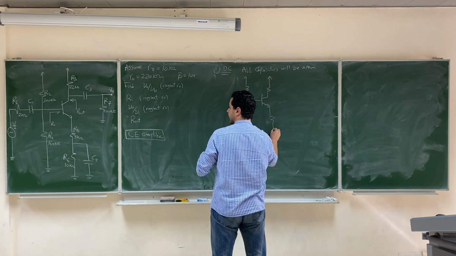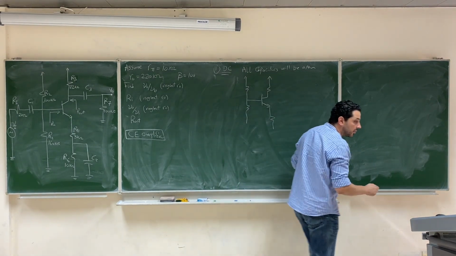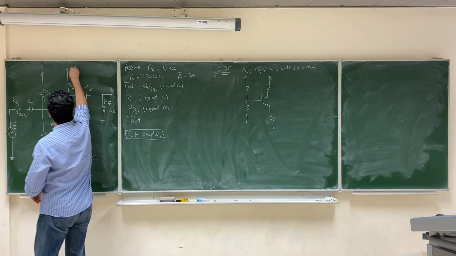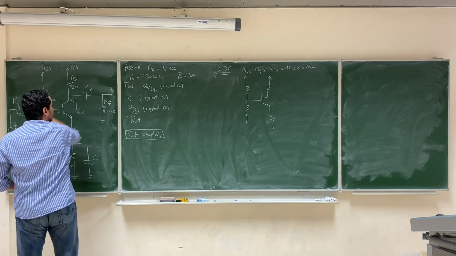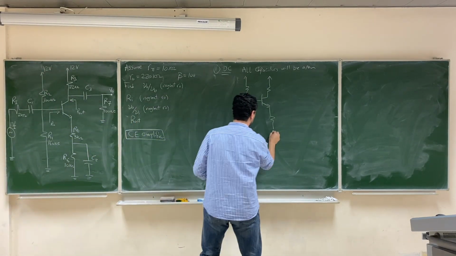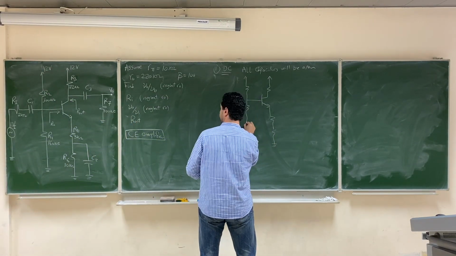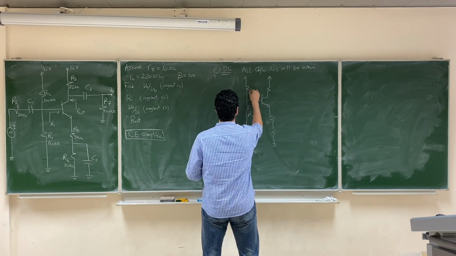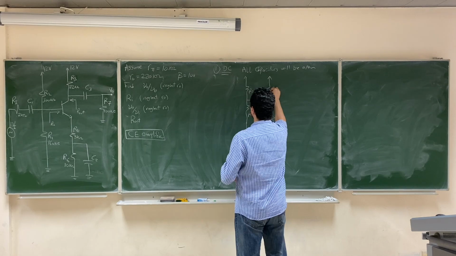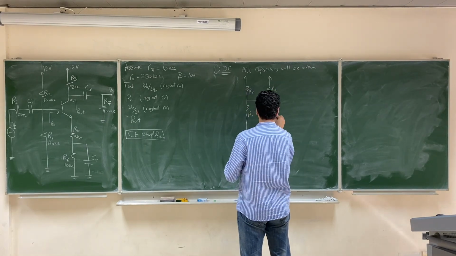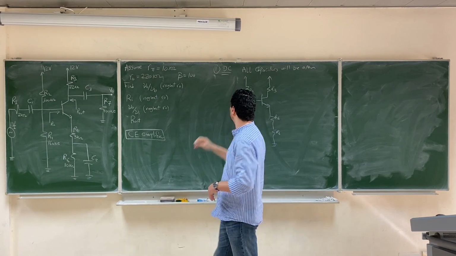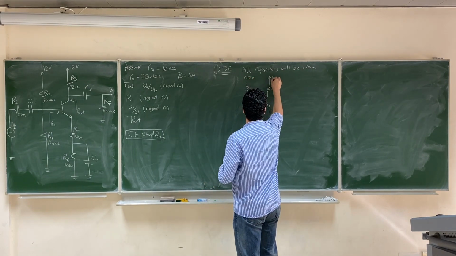And of course, the DC supplies are given to be 12 volts here. Then the circuit will look like this: R1, R2, R3, and this is RE, R6. And we have all the values for all the R's, and we have the DC supply to be 12 volt.